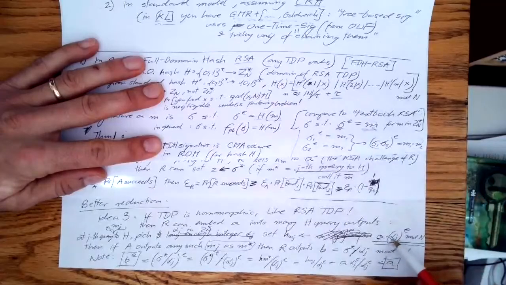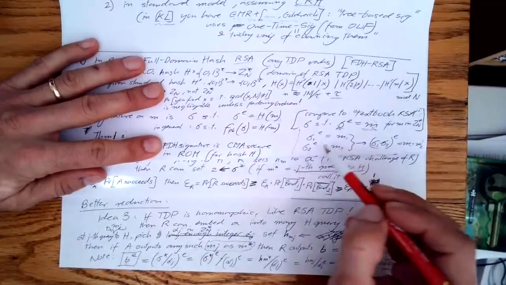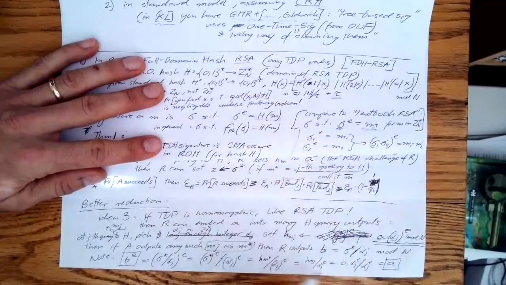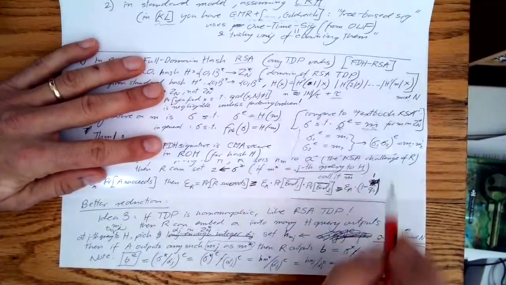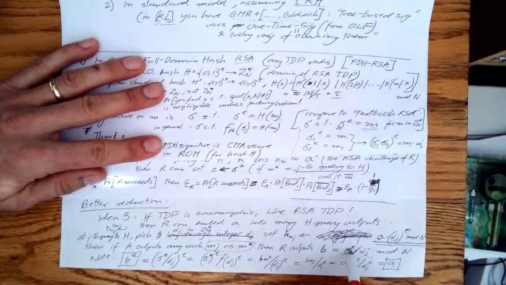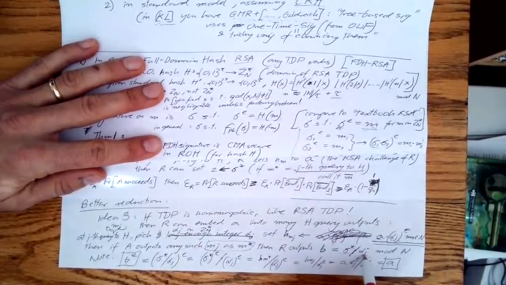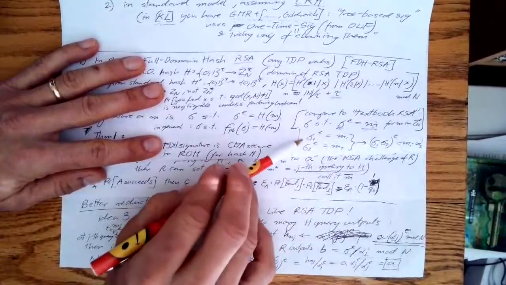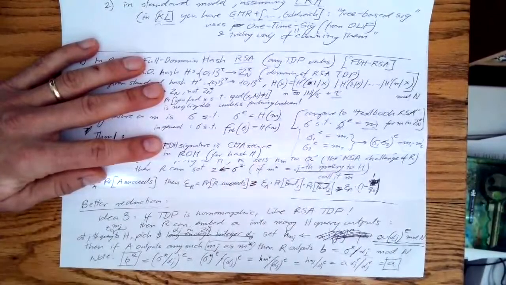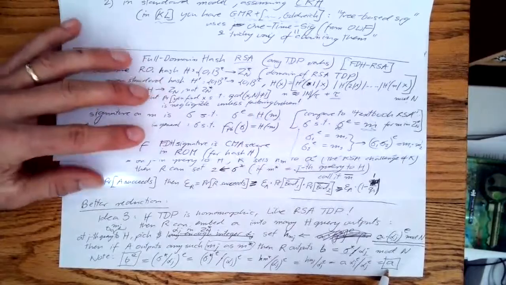But I knew one preimage, so I just need to divide it out to get the other preimage, and that's exactly what I'm doing. I take the preimage of the product that the adversary gave me, divide it by the preimage that I picked, and I get the other preimage, which is the preimage of the challenge A.